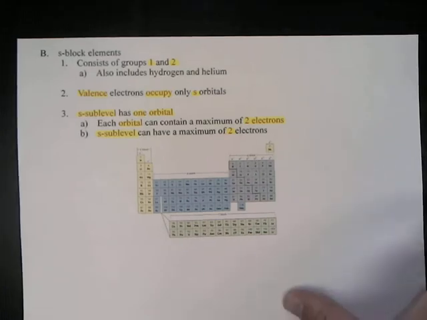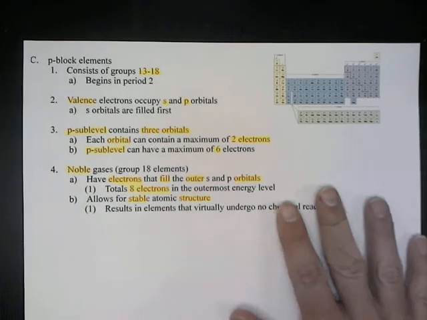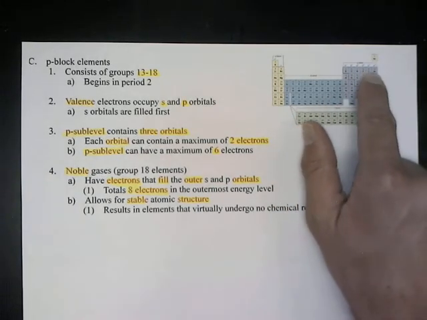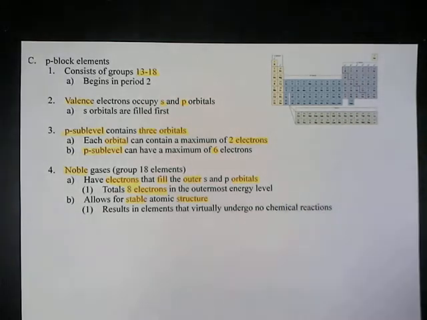Okay, now we scroll over to our P block. So our P block elements are shown here on this periodic table in purple, and the P block elements are from groups 13 all the way to 18 on the periodic table. And these P block elements are very important because their valence electrons occupy the S and P orbitals.